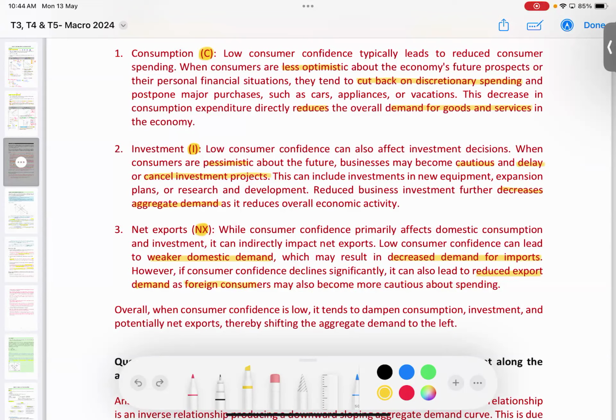So net exports will also fall, mainly because people will not buy the country's exports, as foreign consumers will be cautious about spending.